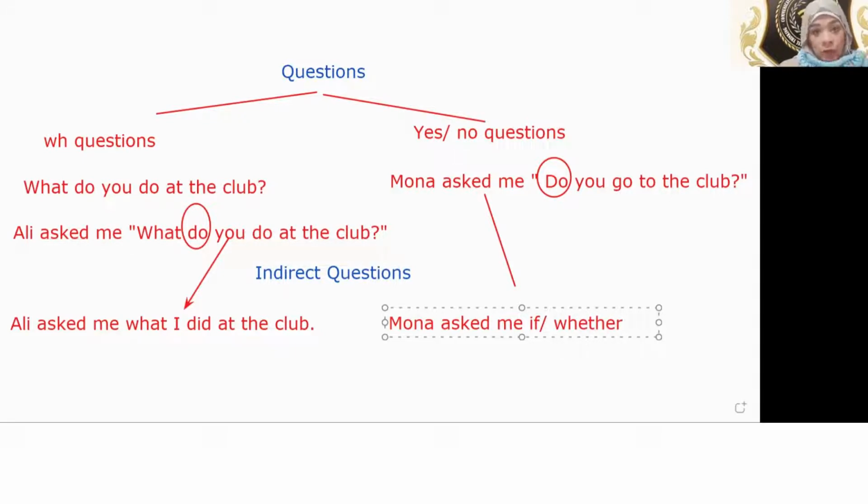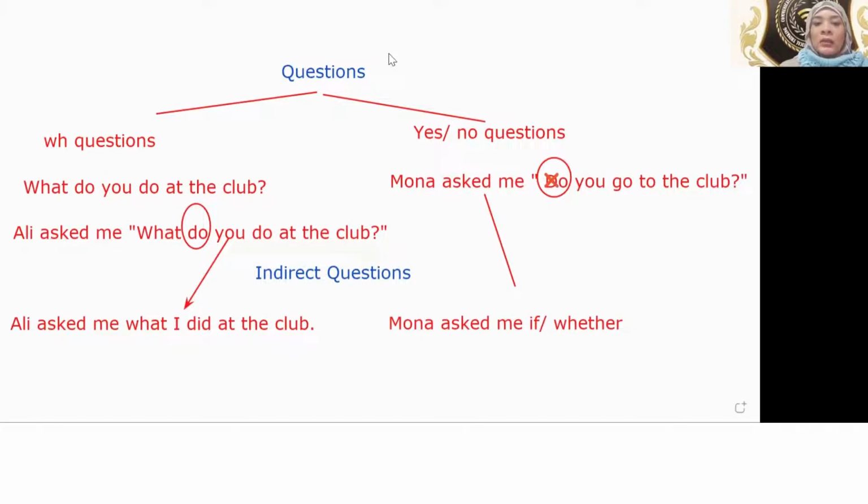They have the same meaning. If you have the choice, choose whatever you want, but if in the rewrite he brings you whether, it means that you have to use it. So Mona asked me if, then I delete do. When the yes or no question starts with verb to do, delete it, please, don't use it.